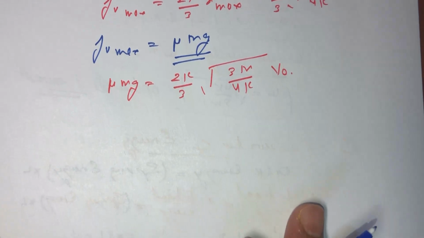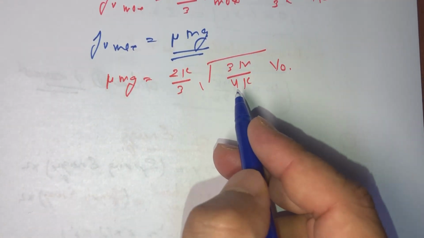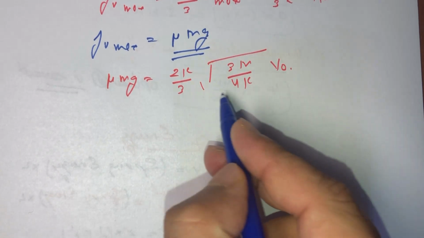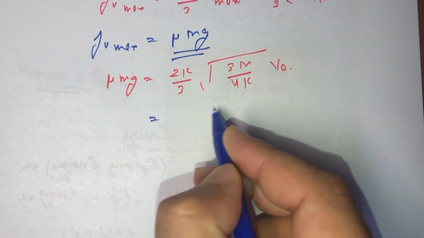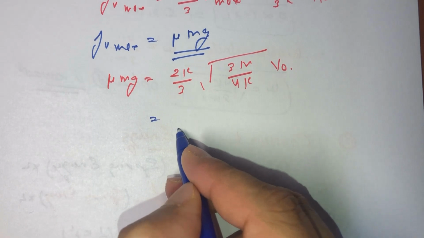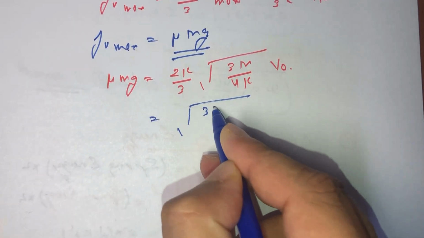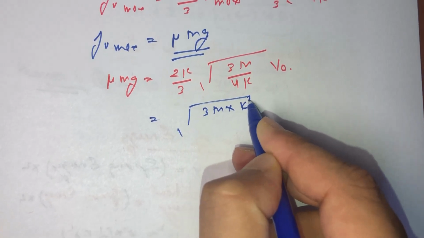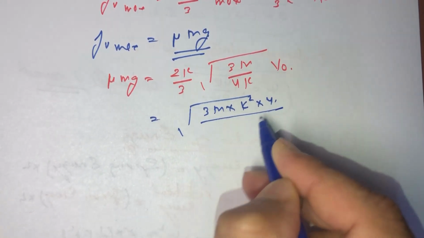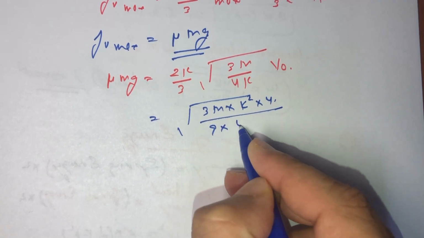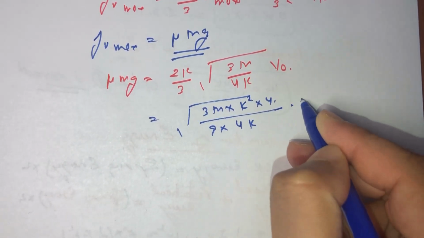Now it is a simple solution, and we can solve this under the square root, taking everything inside, so this becomes 3m multiplied by k square multiplied by 4 divided by 9 multiplied by 4k, and this becomes V naught.